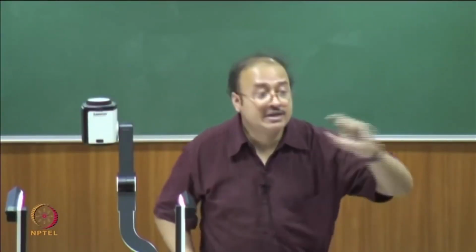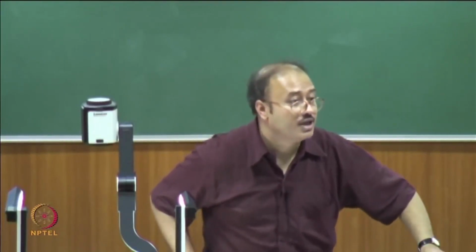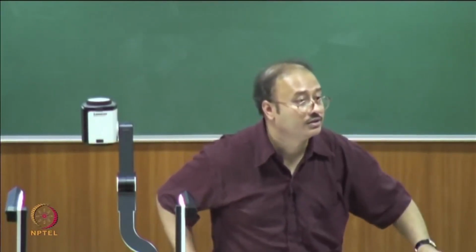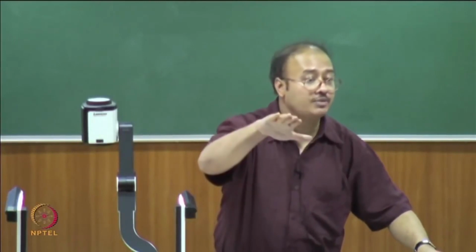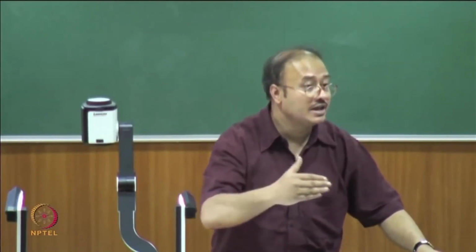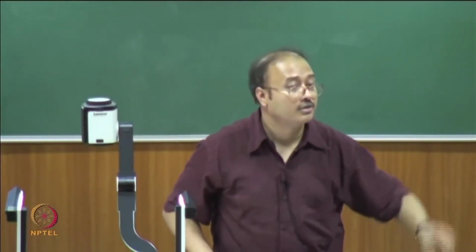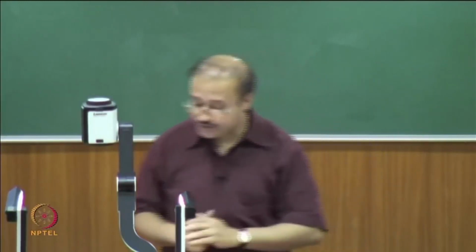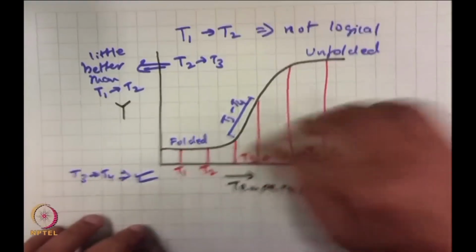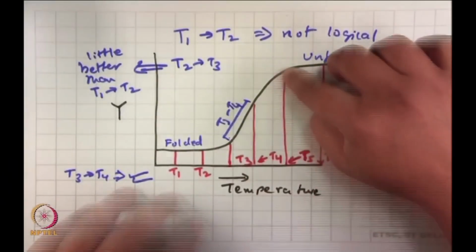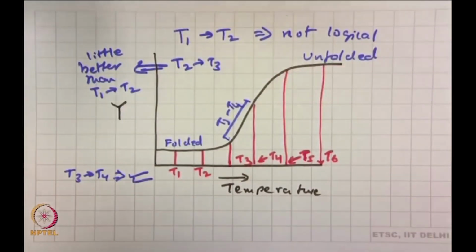You can only have a decent change in spectroscopic signal if you are in the transition region only, because in this case the transition is sharp and you have a detectable change in the signals, even if you have a small temperature jump, does not matter what your temperature jump is. Clear? Okay. So, obviously then you can understand from T3 to T5 this would be the region where you would try to focus on your experiment, because beneath T3 you would not be getting much, and above T5 what would happen?